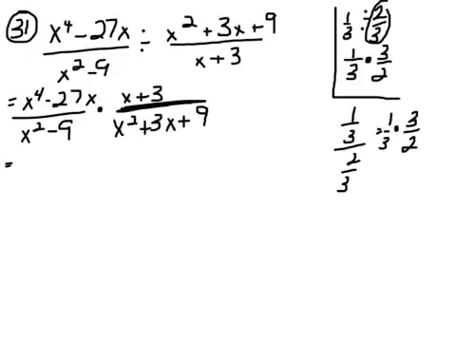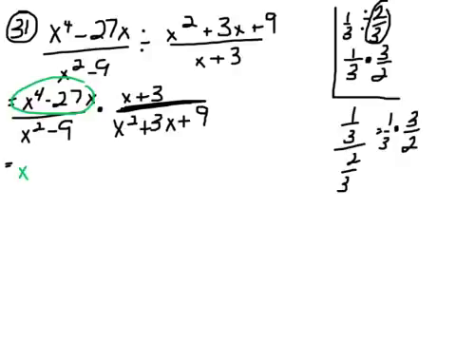Okay, so let's look at the first fraction. X to the fourth minus 27x. Do you remember we're always supposed to check for a GCF? Is there a GCF in this first? Yeah, what would it be? Well, x to the fourth minus 27x, there's not a 3 on the first term, but couldn't I take an x out of both of them?